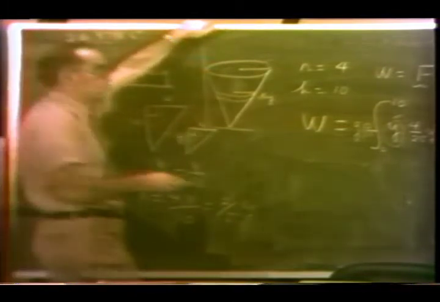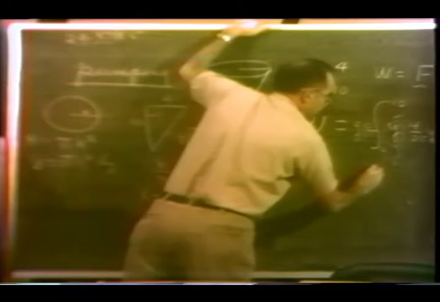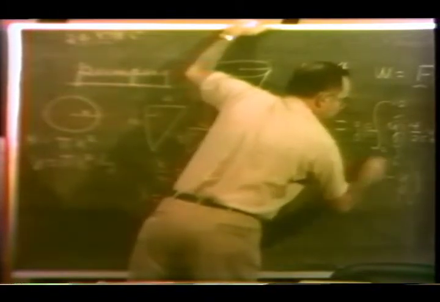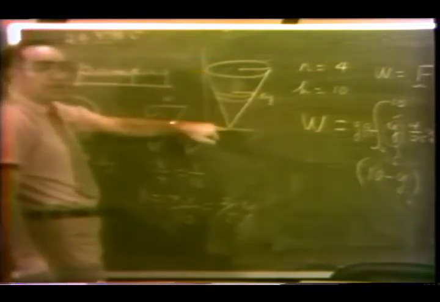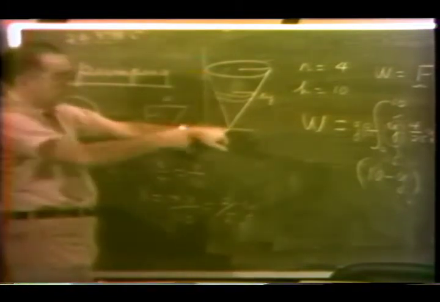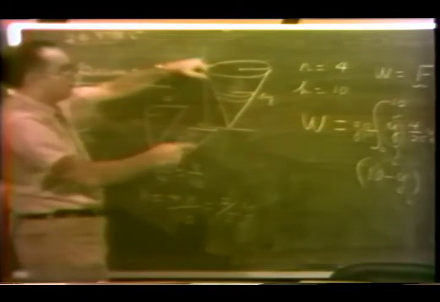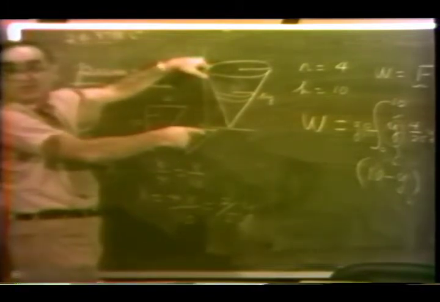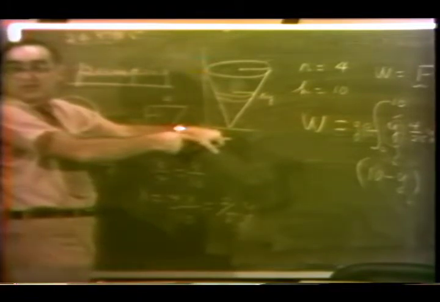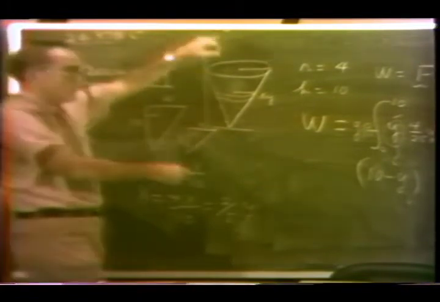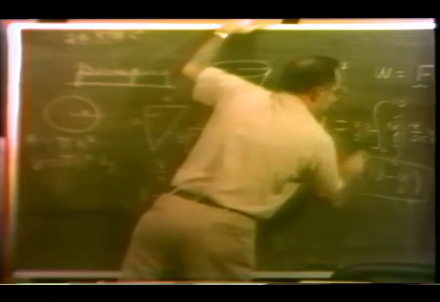So this thing here is not the distance, it's 10 minus y. If you start down here at 0 and go up to 10, then the total is going to be 10 if you're pumping it. So I think that yours probably is wrong.